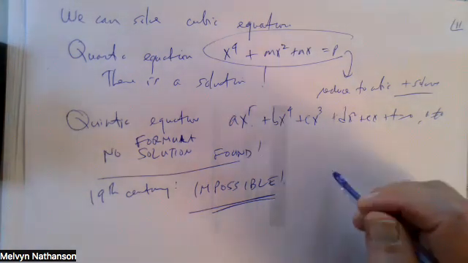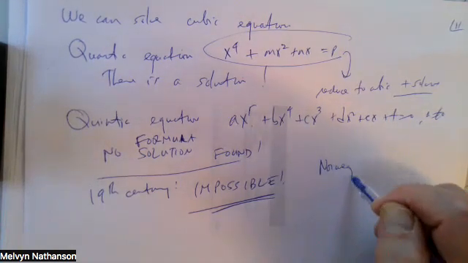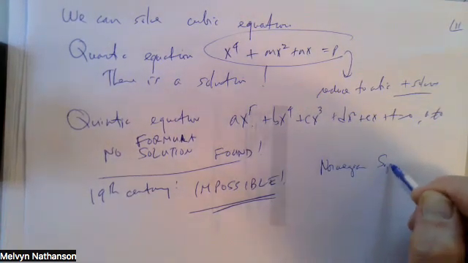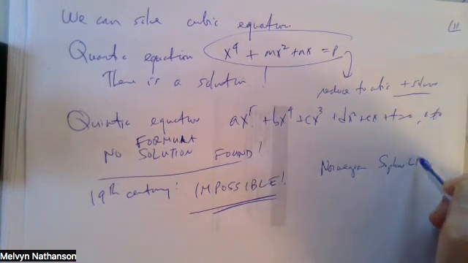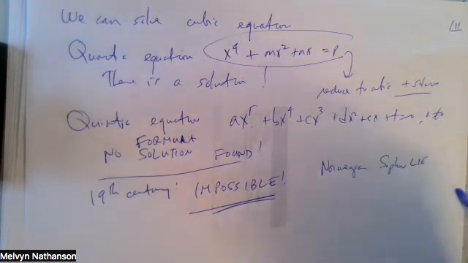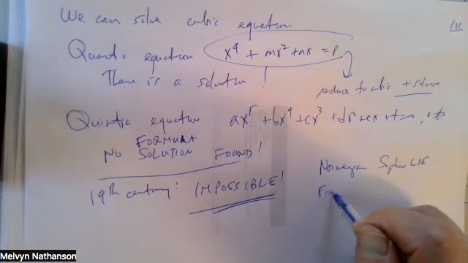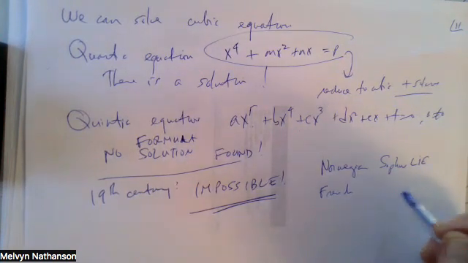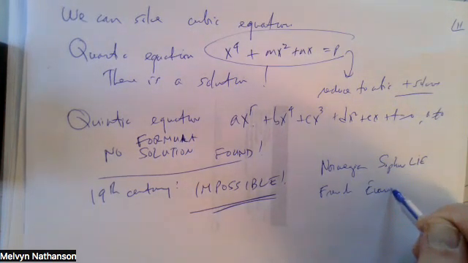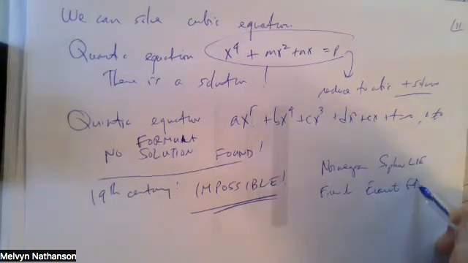And it was due to 2 mathematicians. One was a Norwegian named Sophus Lie, pronounced Lee, and the other was a French mathematician named Évariste Galois.